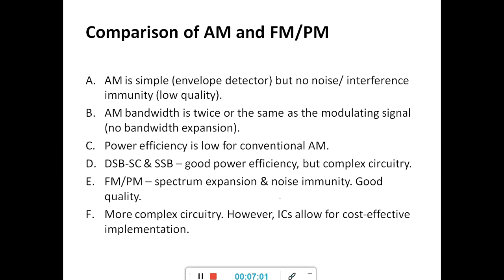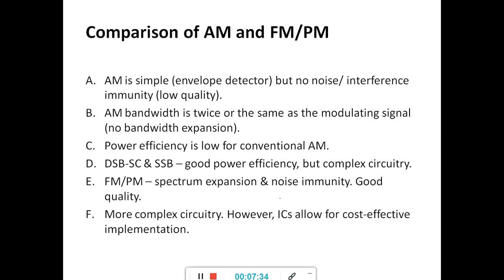Now the comparison of AM and FM signals. We can say simply the AM signal has no noise immunity, with interference, which means low quality of signal. FM bandwidth is twice or the same as the modulating signal. The power efficiency is low for conventional AM signals. In DSB-SC and SSB-SC, there is good power efficiency, but the circuits are very complex, as we studied earlier.